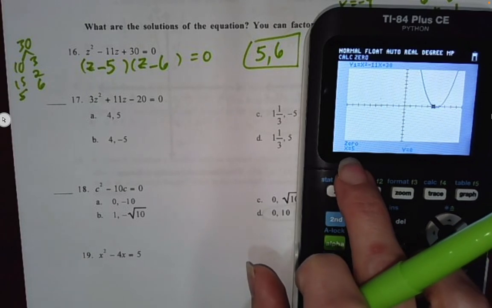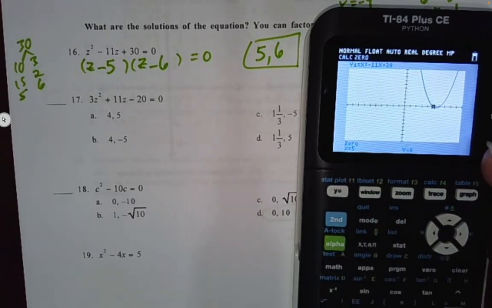And it's 5. Then I could do the same thing and find the other one, which was 6. Lots of different ways. I strongly suggest on 17, 18, and 19, let's just graph them and let the calculator do it, okay?